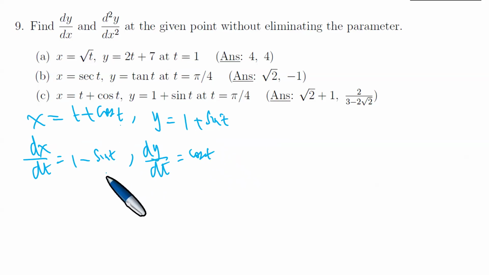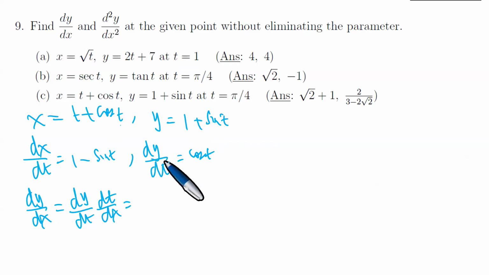So now you then have dy dx, which is dy dt times dt dx. So dy dt is cosine t. dt dx is 1 over 1 minus sine t.